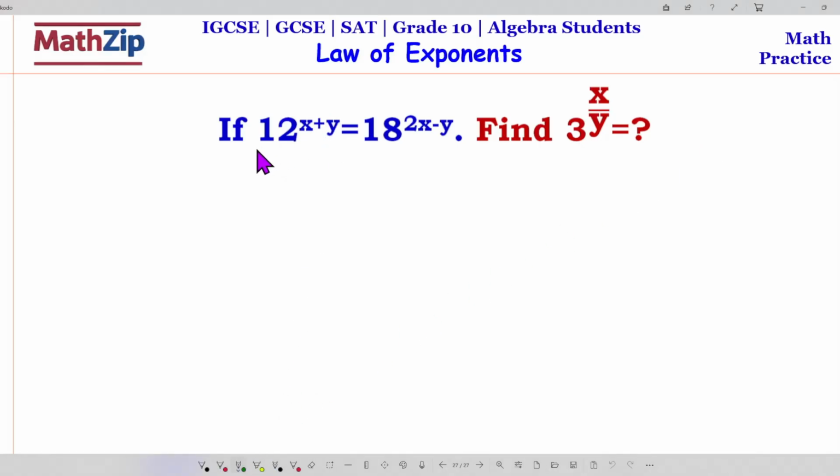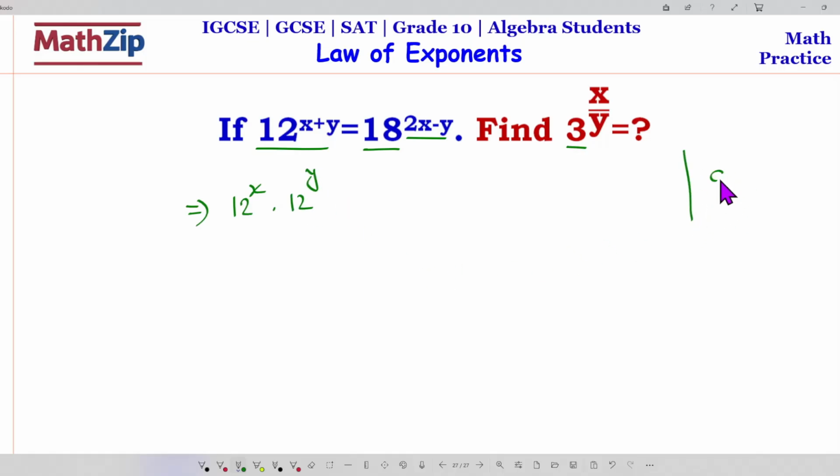If 12 to the power x plus y equals 18 to the power 2x minus y, we will find 3 to the power x by y. In this case, first this one we can write 12 to the power x times 12 to the power y. How?